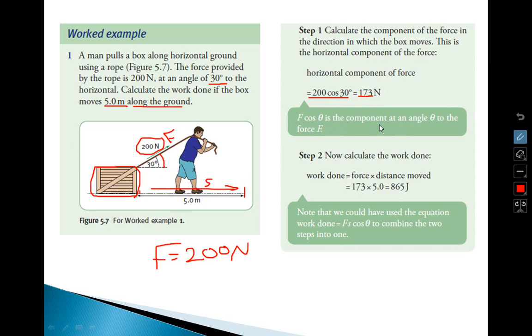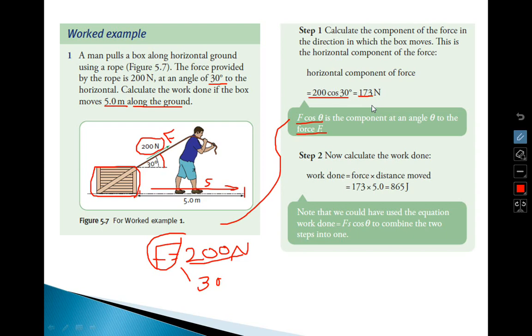So F cosine theta is the component at an angle theta to the force F. 200 Newton is not the total effective force, because it's making an angle of 30 degrees. So the effective force is F cosine theta, 200 cosine 30, which is 173 Newton.